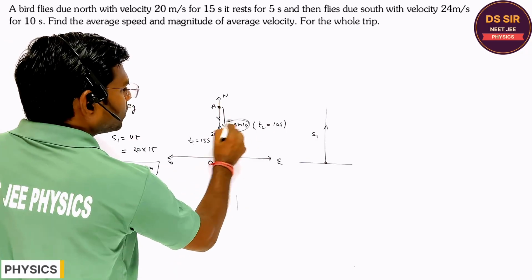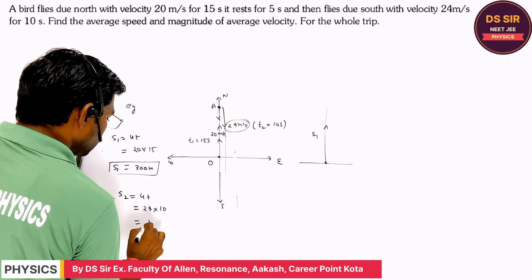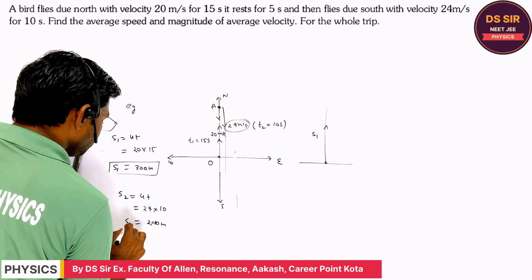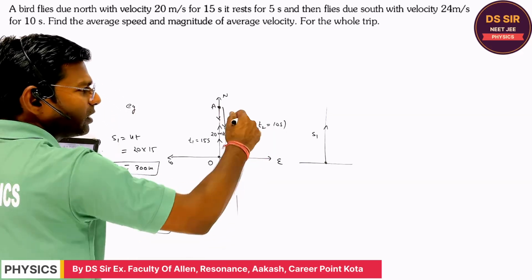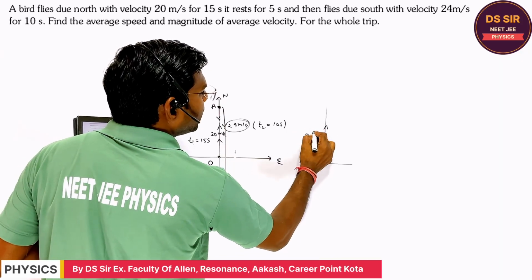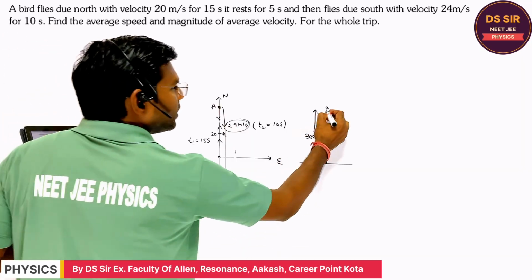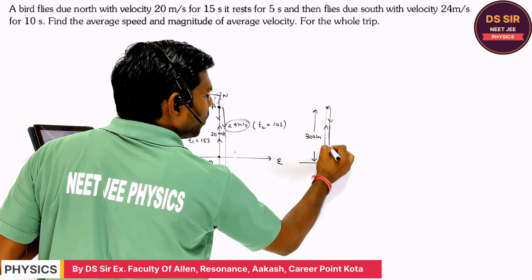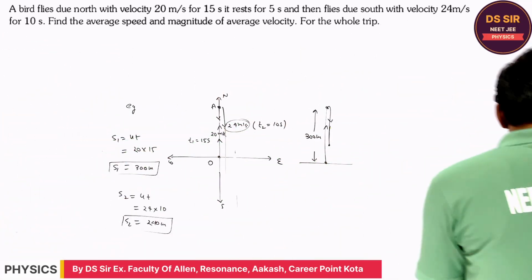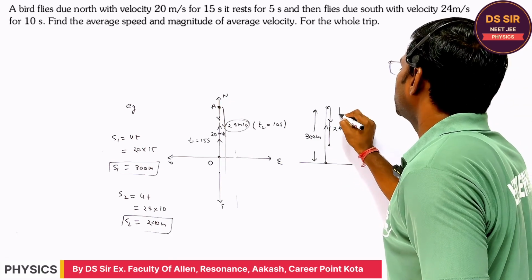The speed is 24 and the time is 10, so 240 meter is the distance covered in the backward direction. So first it moves 300 meter towards north, then it turns back, and the distance covered is 240 meter. You understand or not?